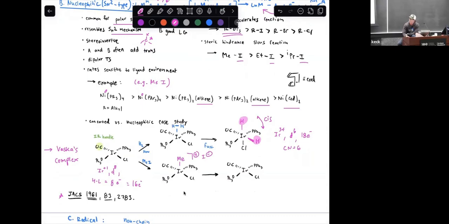So you're going to draw this intermediate. Is that right? Yeah. And then where does iodide come in? Cis, trans? Trans. Trans, okay. We saw that general trend that these like to add trans. That's what we're doing here. Good.